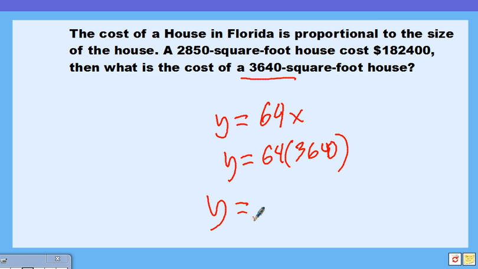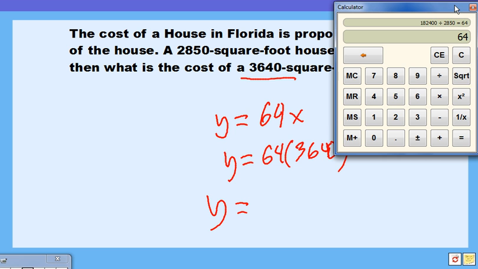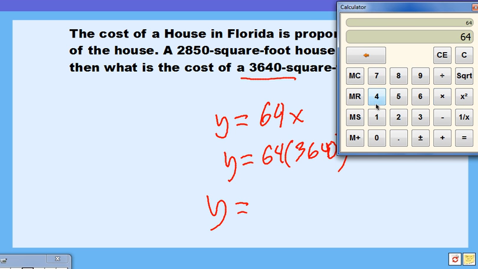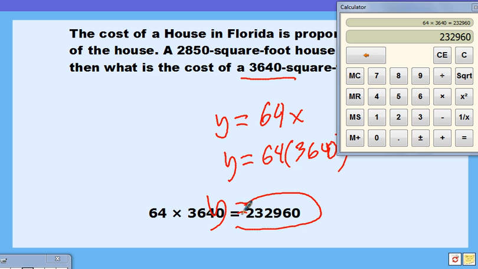Y is then equal to 64 times 3,640, and the price of my new house is $232,960.